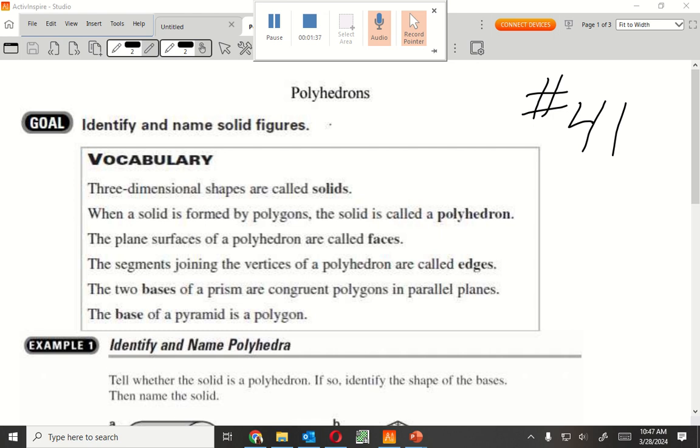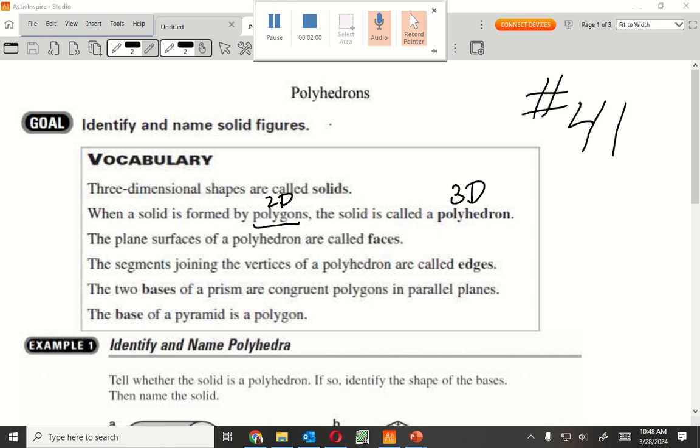Now, a polygon is referring to many sides. That refers to a 2D shape. So this one is a 2D shape. And if we put a bunch of them together, we get a polyhedron, which is a 3D shape, which is three dimensional. Hopefully that makes more sense. Yeah. A little bit? Yeah?